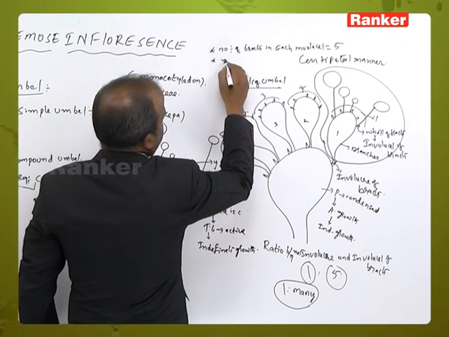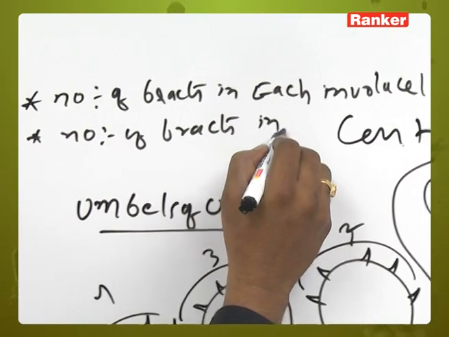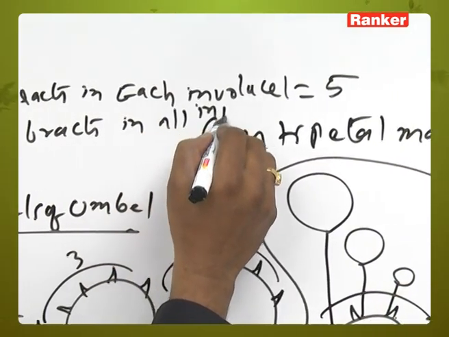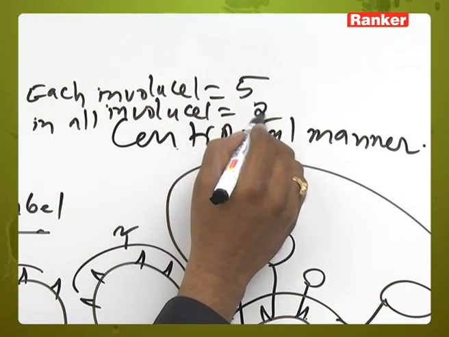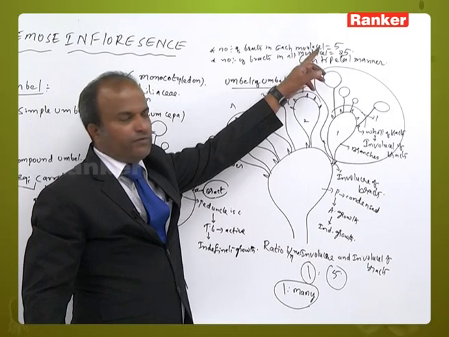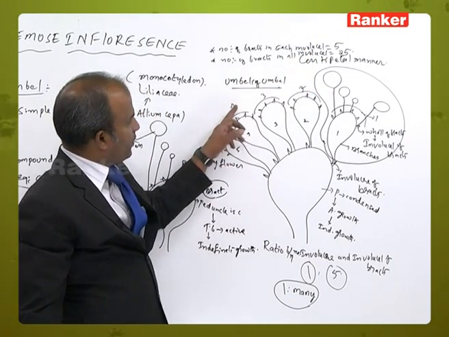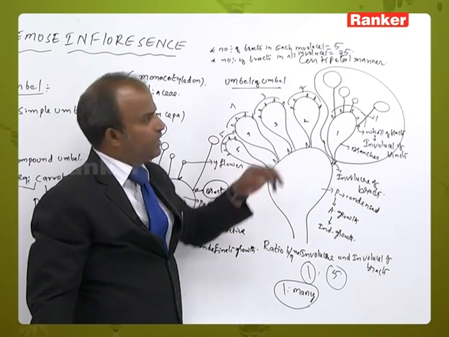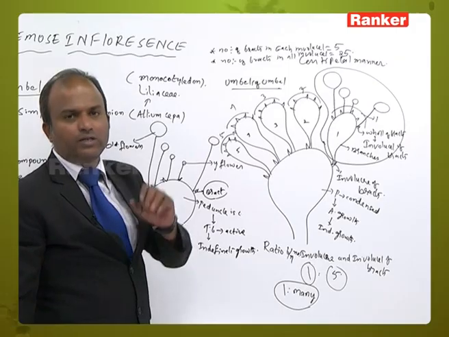The number of bracts in all involucres is 5 plus 5 plus 5 plus 5 plus 5, that is nothing but 25.